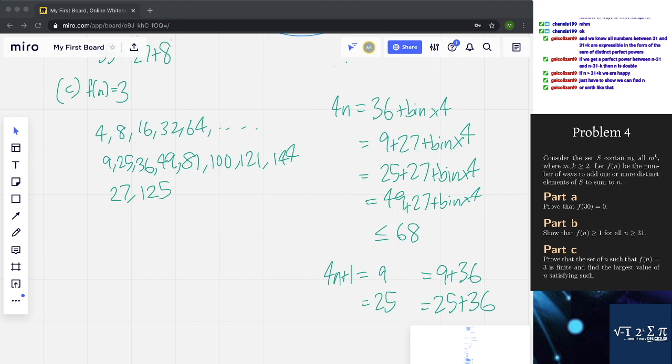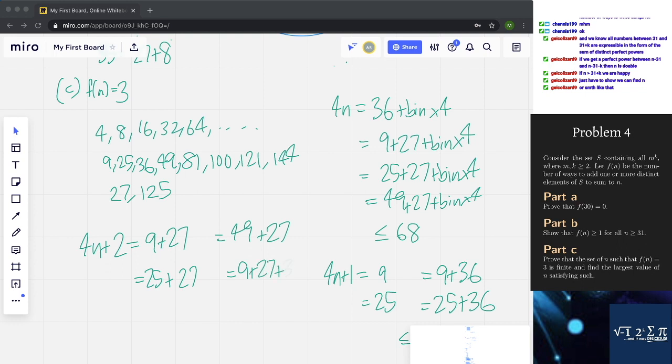So then this is like at most 61, or 61, yeah. 4n plus 2 is going to be, let's see, 9 plus 27, 25 plus 27, 49 plus 27, 9 plus 27 plus 36.